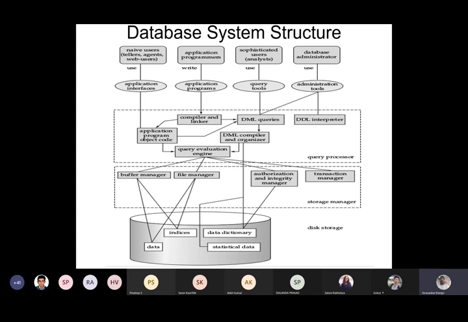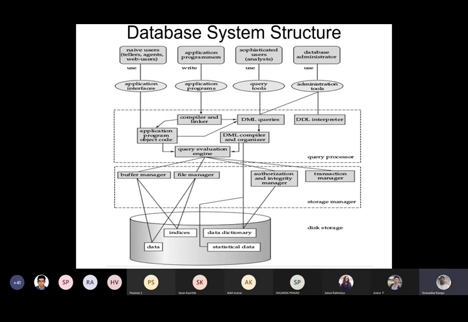And database administrators are in charge of backup and recovery operations of a particular database system. They also give rights to the users to access a database, right? They interact with the system by means of some administrative tools.